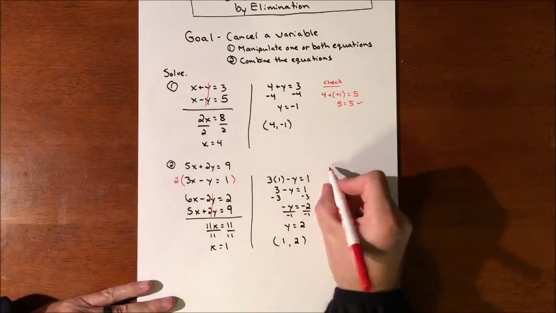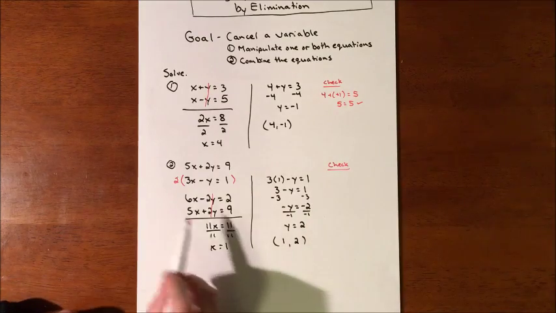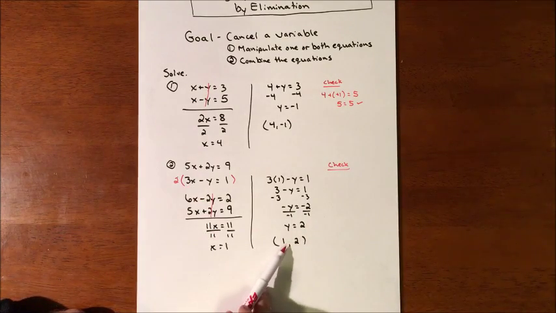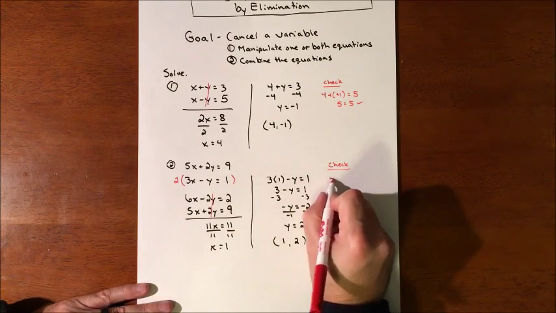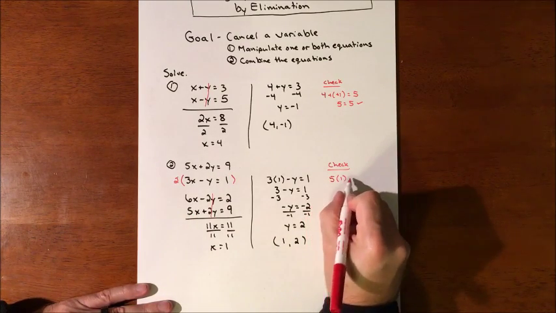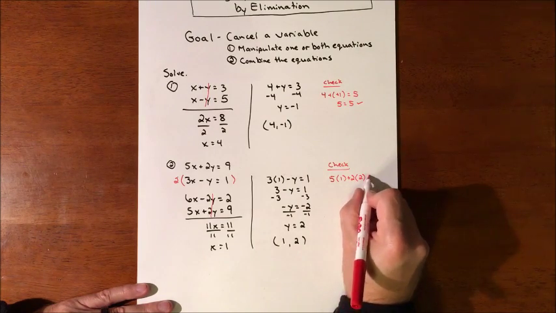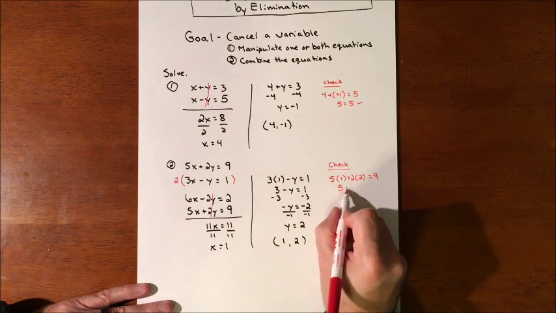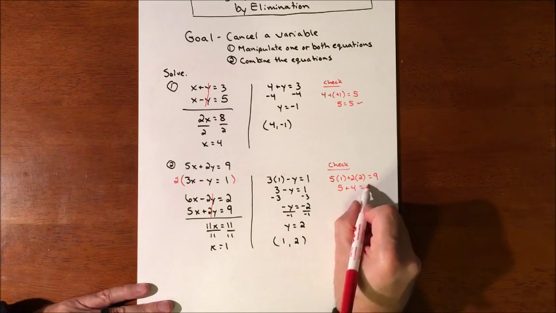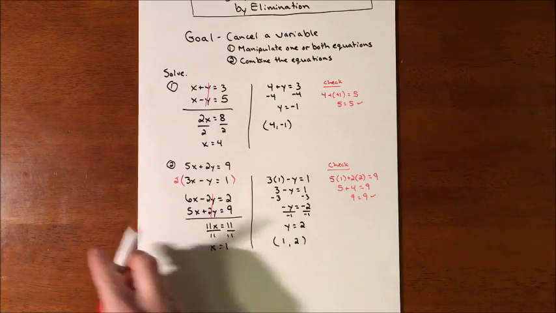So let's find out if it's true. We just used the bottom equation to find this coordinate. Let's verify it with the top equation. So 5 times our x value of 1 plus 2 times our y value of 2 is supposed to add up to 9. This multiplies to 5, this multiplies to 4, and that is going to add up and satisfy the equation like it's supposed to.